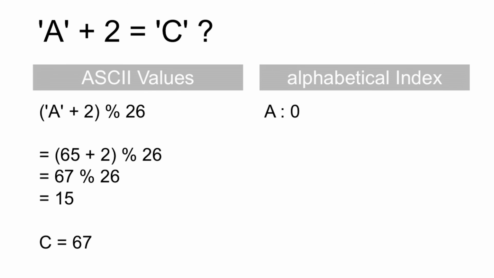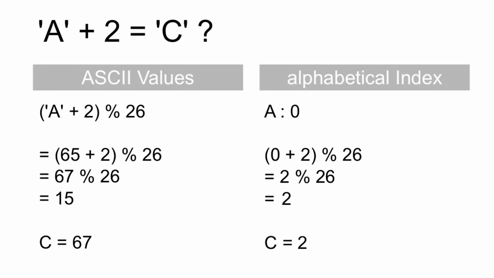A is 0 as we've defined. Taking 0 plus 2 mod 26, that's 2 mod 26, which gives us 2. And in terms of an alphabetical index, C is the third letter in the alphabet, so that corresponds to an alphabetical index of 2. So it seems that using the alphabetical index in this case actually gives us the correct result.